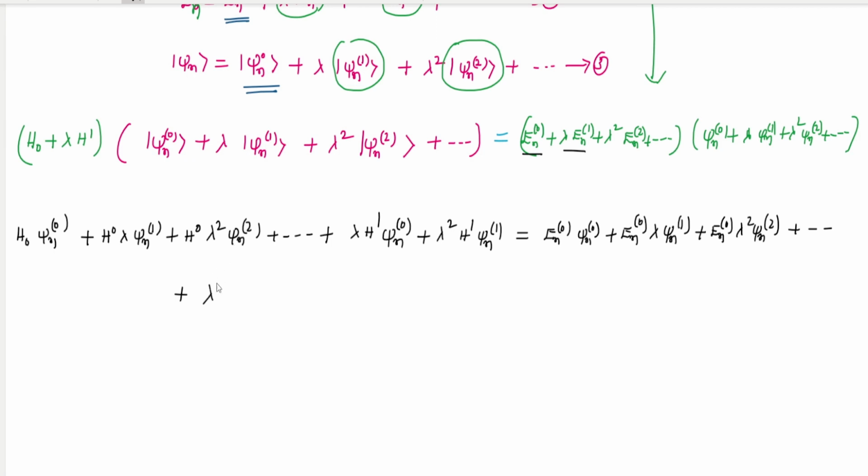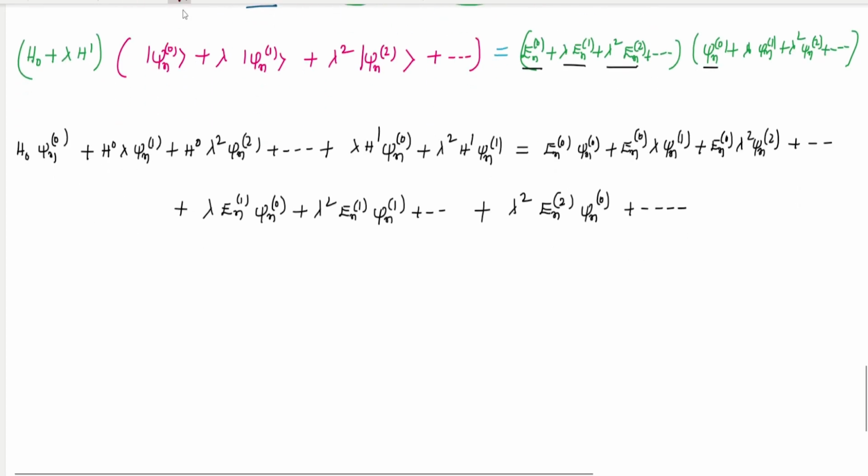Lambda E n power 1 psi n power 0 plus lambda square E n power 1 psi n power 1 plus and so on, plus lambda square E n power 2 psi n power 0 plus and so on. This is already a second order term, enough.